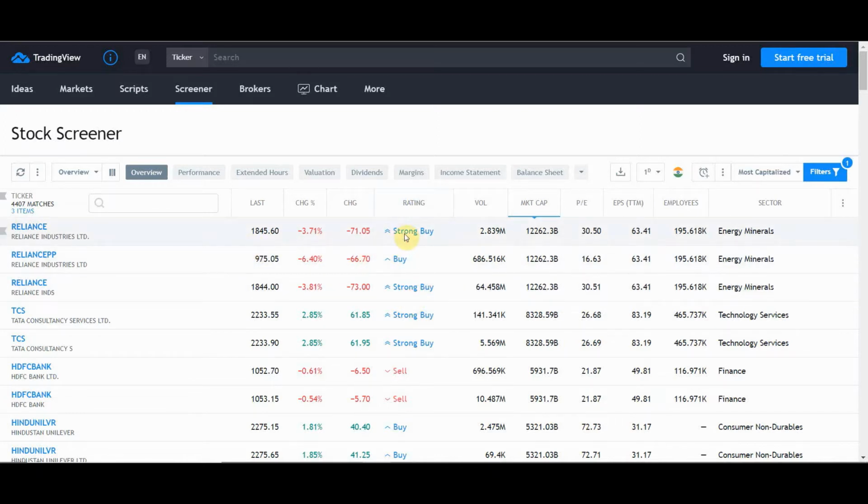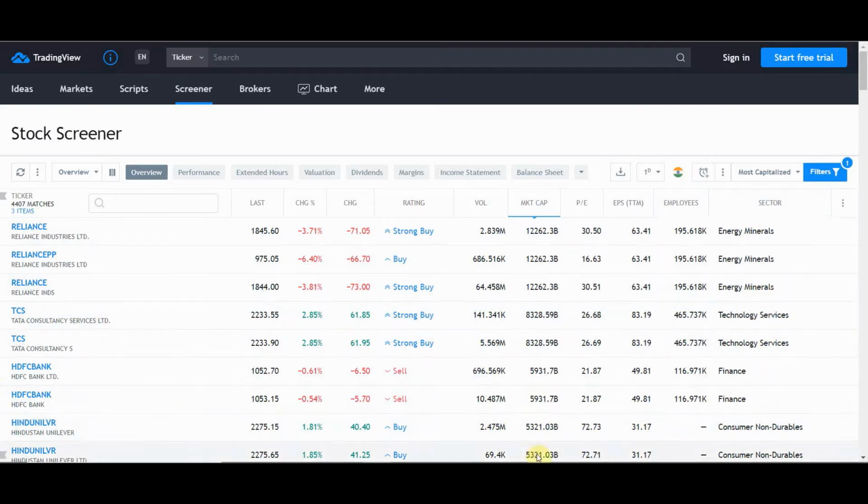TradingView gives ratings for stocks: buy, sell, strong buy, and strong sell. Here the volume of the stock is listed, and the market capital of the stock, the PE ratio, EPS, employees, and sector.